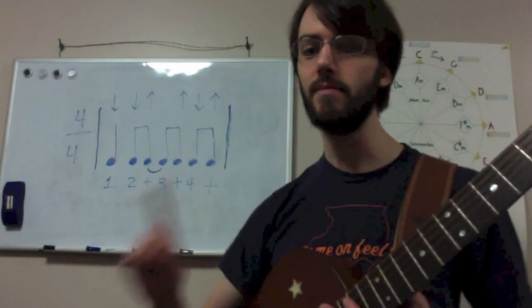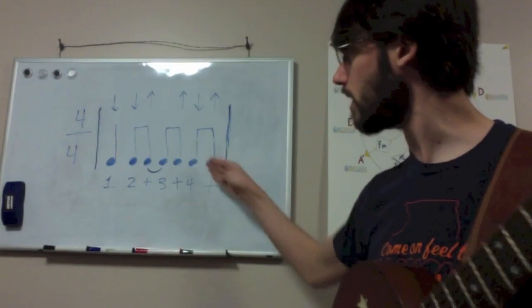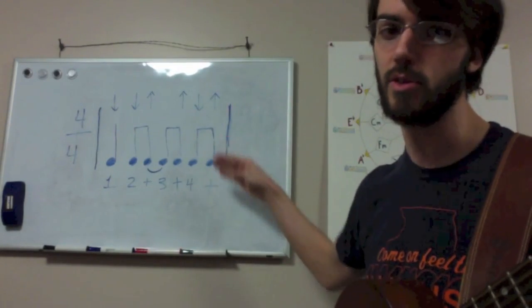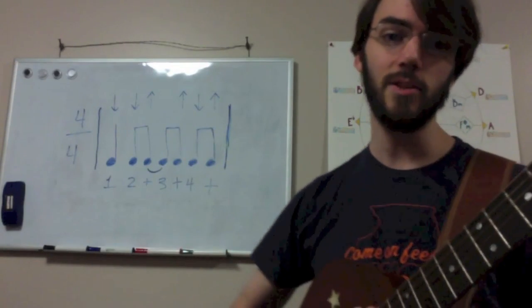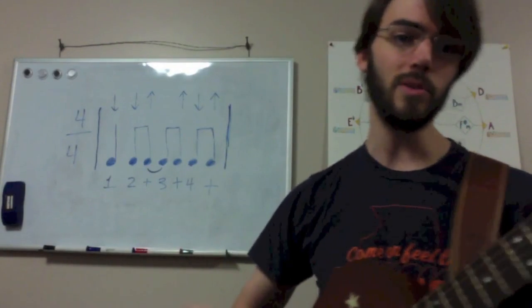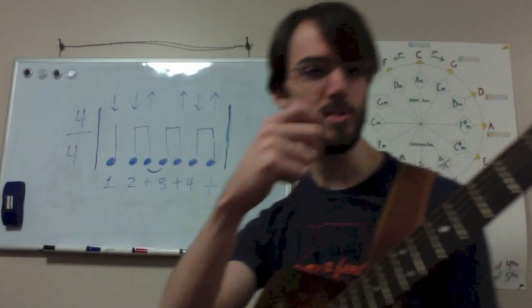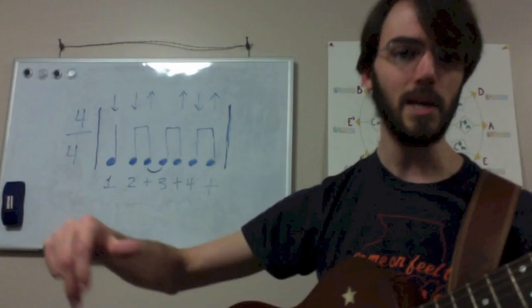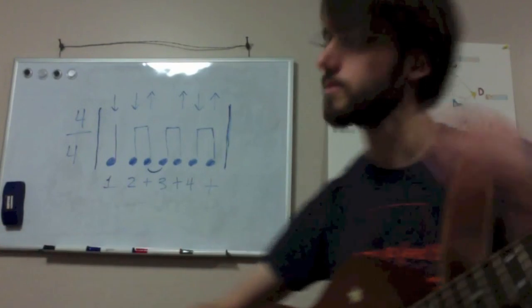One big advantage of the tie is that it is the only way to extend a note beyond the end of a measure. So if you've got an instrument where you can sustain a note for a really long time, you can tie a whole note to another whole note to another whole note and just let it go. A lot of string parts will be like that because you're just trying to maintain a long note for whatever purpose.